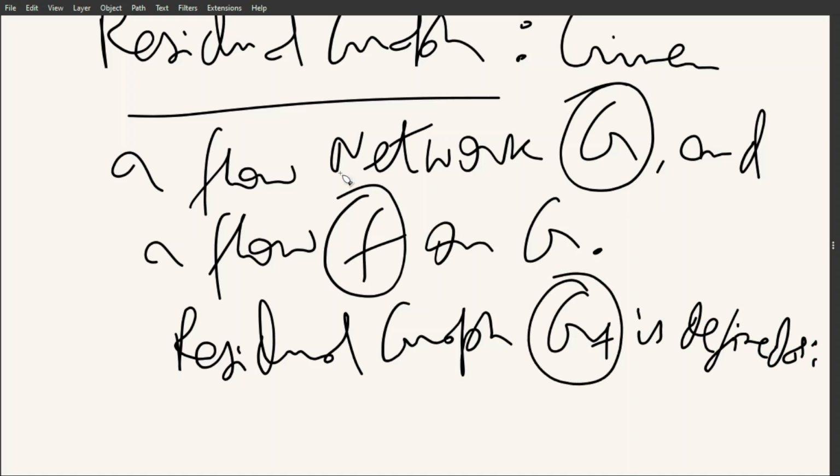Corresponding to the flow network G and flow F, how do we define GF?